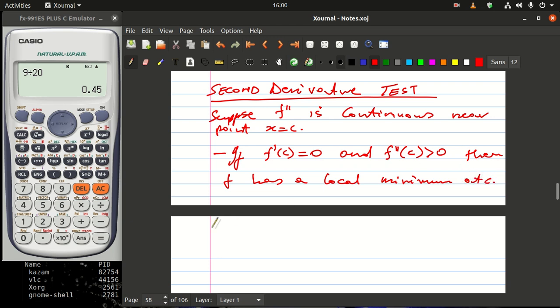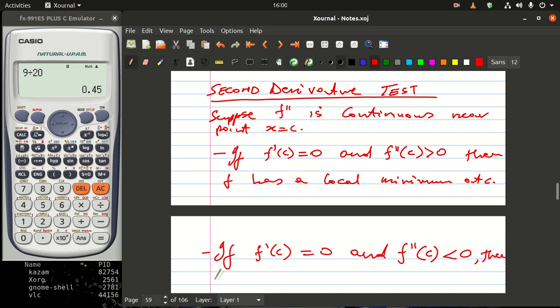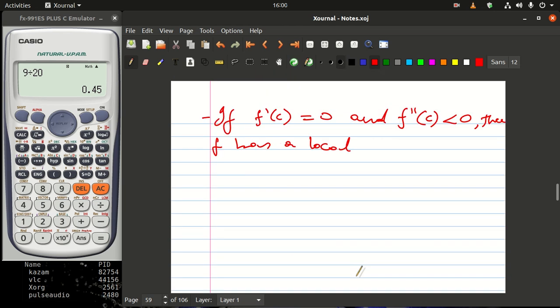And if f prime of c is equal to 0 and f double prime at c is less than 0, then the function f has a local something. Let's evaluate. At point c, I know that the first derivative is equal to 0. In other words, at this point, the function is not changing at all.